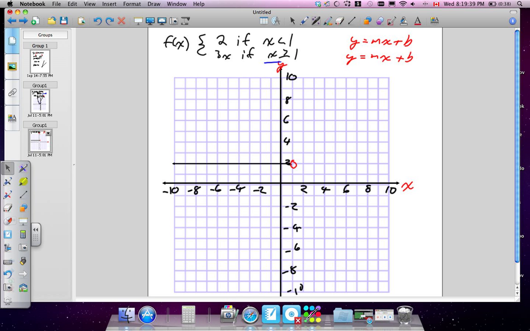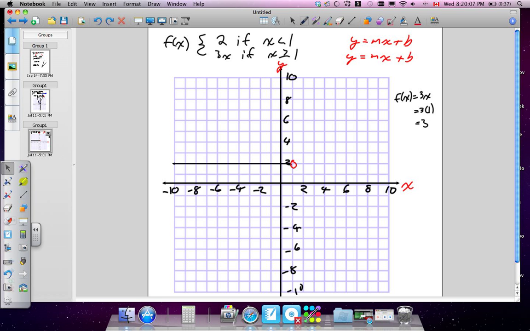So we actually have to figure out what 3x is when x is 1. The function says f(x) is equal to 3x. So when x is 1, because that's where we're starting, let's figure out what it is. We plug that in. When x is 1, what does our function represent? 3. So it starts at y is 3, right?